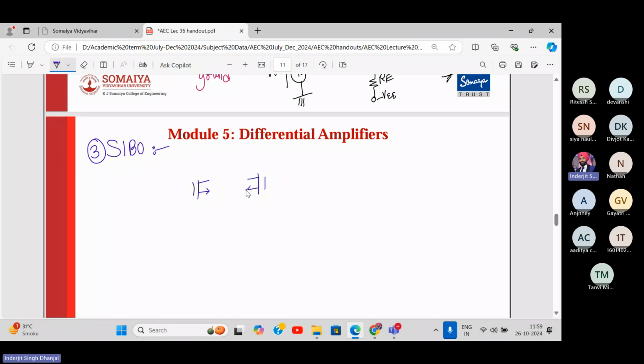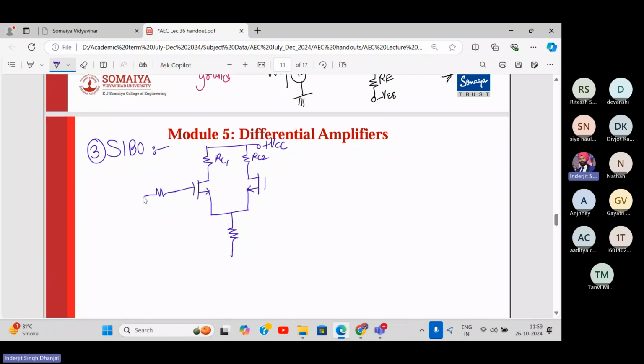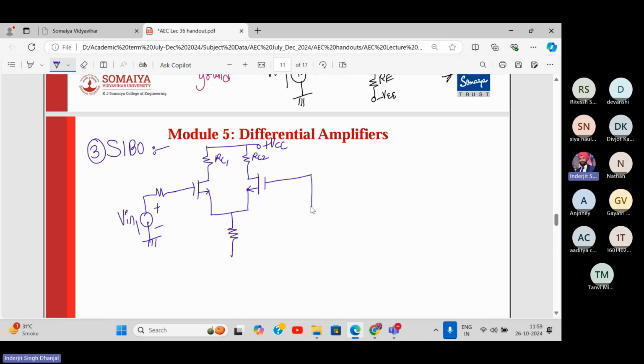So this is my differential amplifier. This is plus VCC, RC1, RC2. We have one of the terminals connected over here as input. This is plus minus Vin1, and the other terminal is grounded. This is Vin2 grounded. So this is single input. Okay.